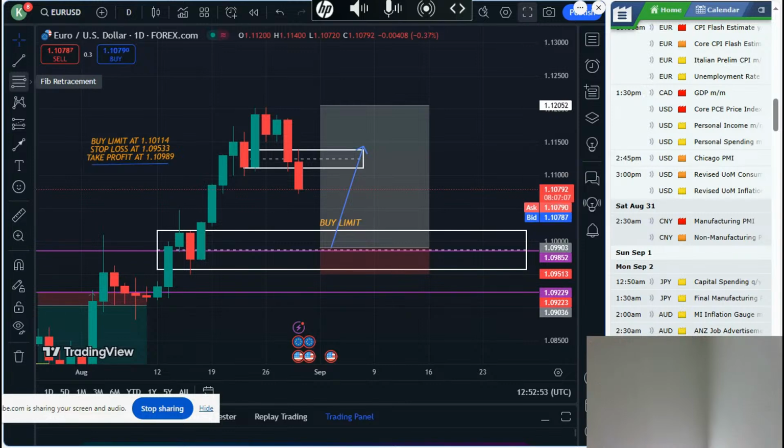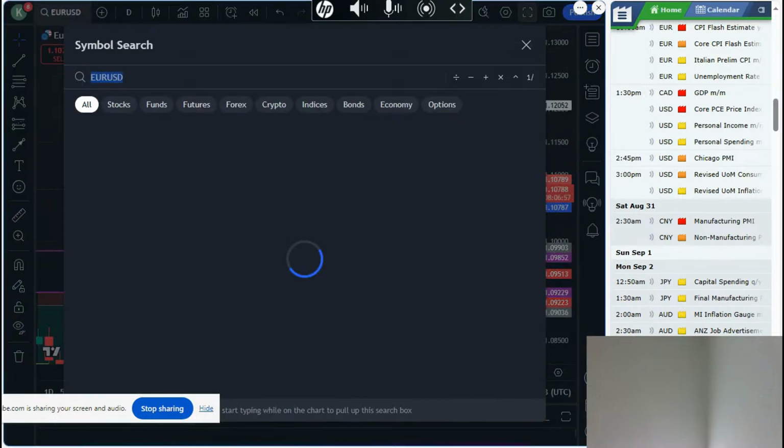So let's look at the gold. I just feel like doing an instant market execution, though I have not actually configured it here on this laptop. So let's look at the XAUUSD and call it a day.